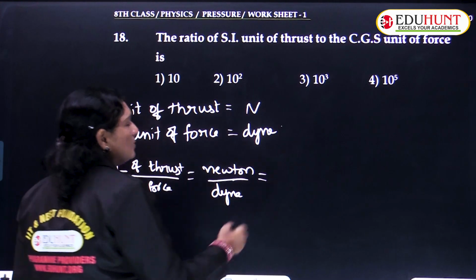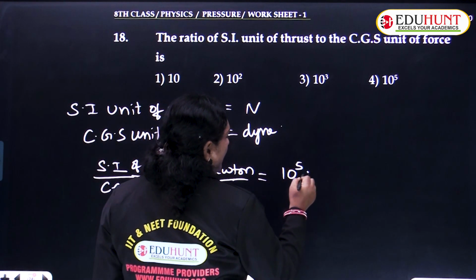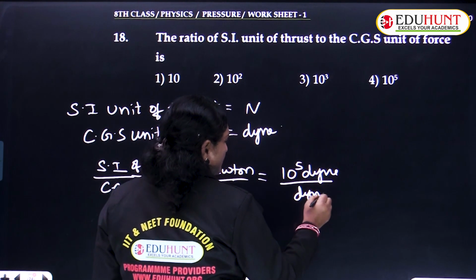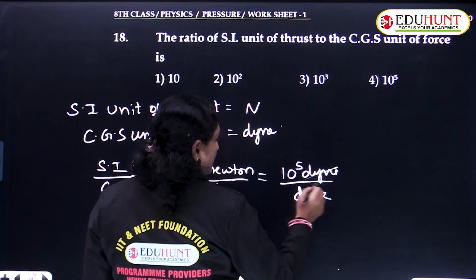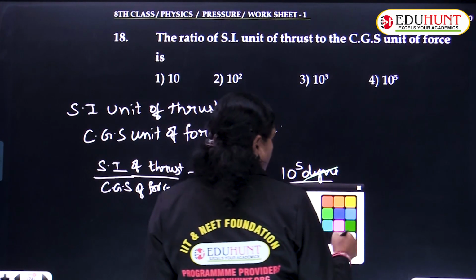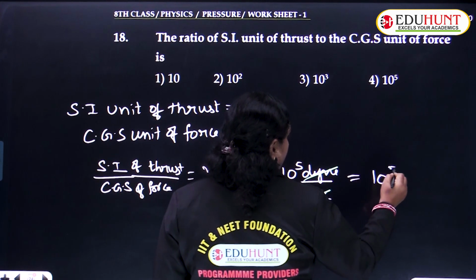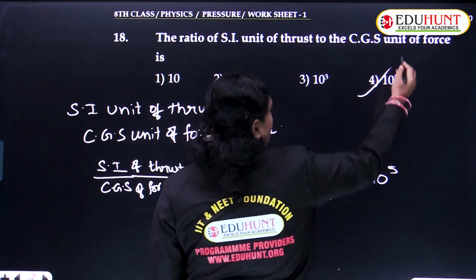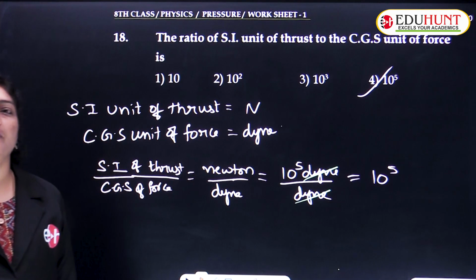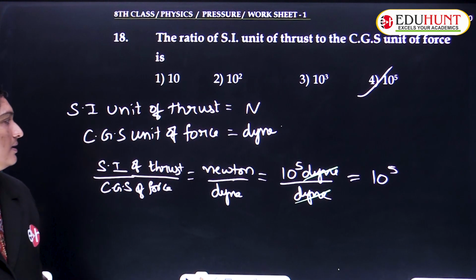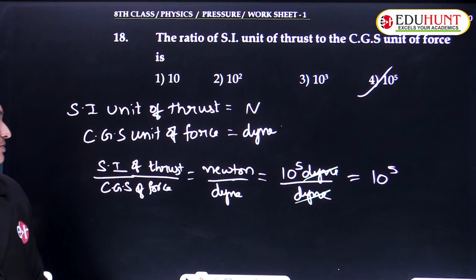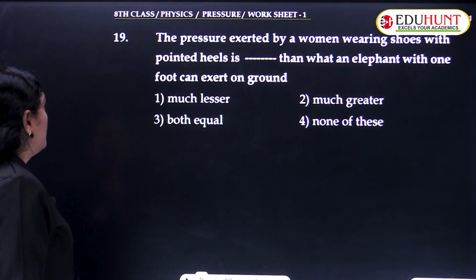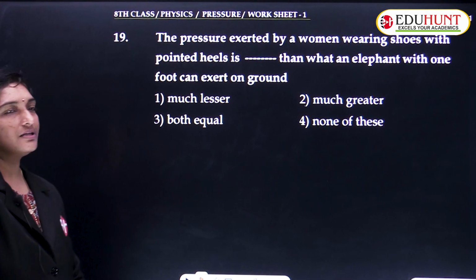So how much is 1 Newton? 1 Newton is 10 power 5 dyne, upon dyne. So simplifying further, dyne gets cancelled and you are left with 10 power 5. So the correct option must be option 4, that is 10 power 5. That's it. The ratio of SI unit of thrust to the CGS unit of force is 10 power 5. So now look at the 19th question, children.